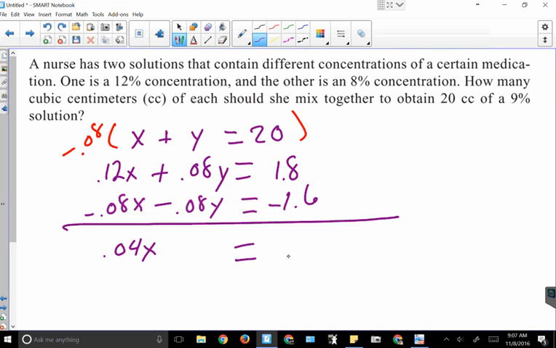And over here, I've got 0.2, correct? Divide by 0.04, divide by 0.04, and x is going to be equal to whatever that turns out to be. I think it's 8. What's 0.2 divided by 0.04? How much? 5.